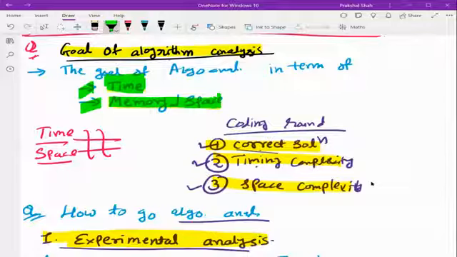Cool. Okay. So I also taught you that in any coding round, you will be judged first of all on the correct solution that you provide. And after that, suppose मान लो कि Dipanshu and Vishal both have the same solution. Then the judges or the compiler would ask the time complexity of the same. If Dipanshu's code has less time complexity compared to Vishal's, then Dipanshu is the winner.